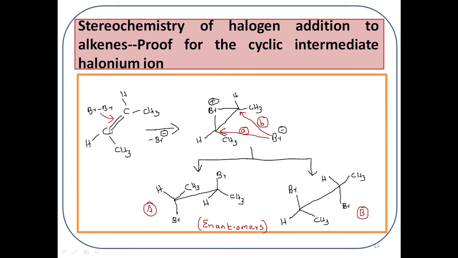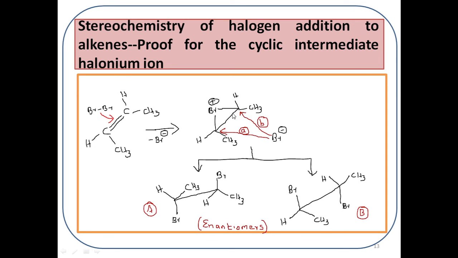Suppose we take cis-2-butene. When it reacts with bromine, this bromine will interact with the pi electron system to give a cyclic bromonium ion. Now, this cyclic bromonium ion, being a cyclic system, has restricted rotation about the carbon-carbon single bond.